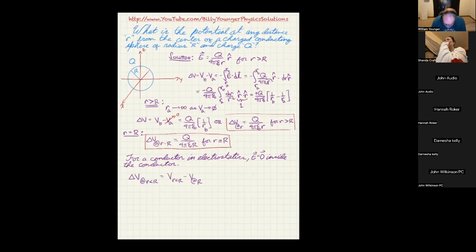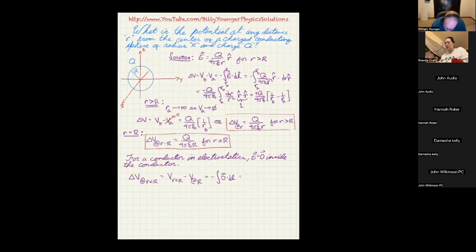And then what we'll see is that the change in the voltage from r equal to R to any distance inside is going to change by zero. And the reason for that is the electric field is zero. So we're going to say this is equal to the negative integral of 0 dot dl. So it equals 0.